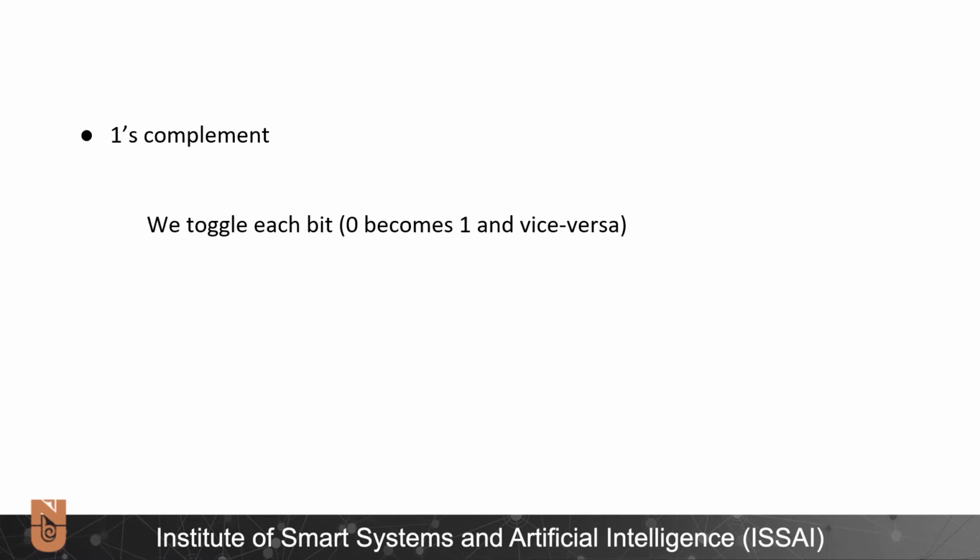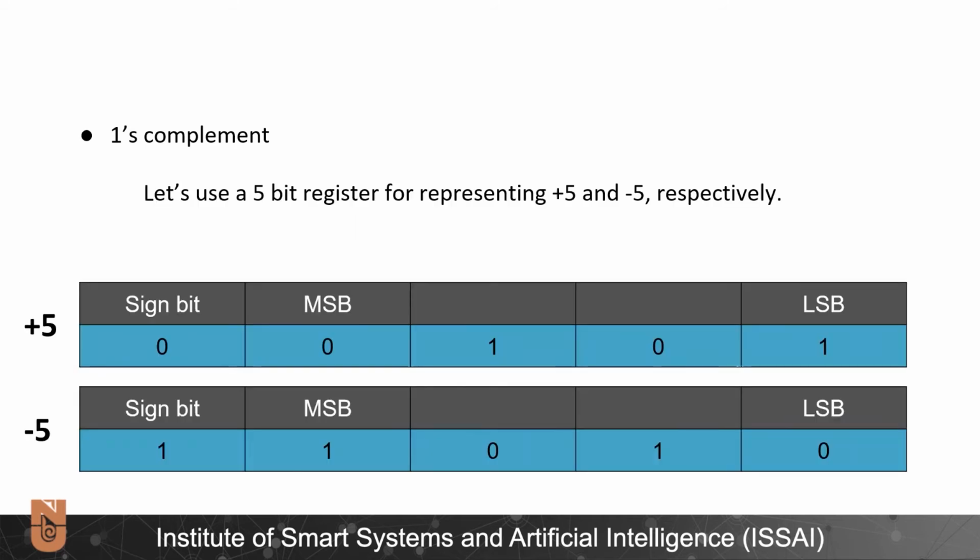Let's talk about the ones complement in more detail. Briefly, to create the ones complement, we simply toggle each bit. 0 becomes 1 and 1 becomes 0. Let's consider an example of a ones complement. We will use a 5-bit register to represent the positive 5 and the negative 5. In the first table, you can see that we designated 1 bit for representing the sign of the binary.